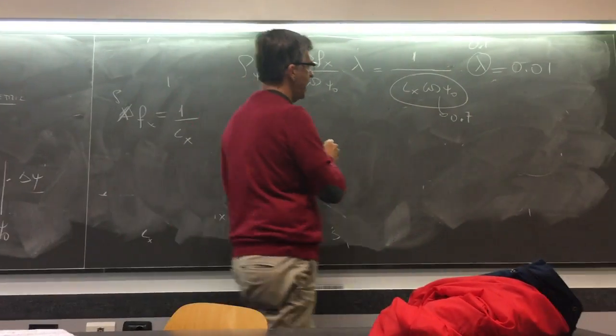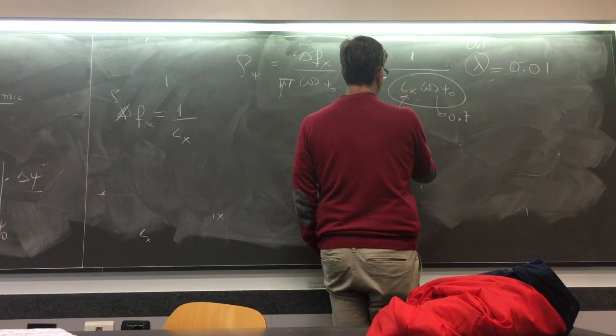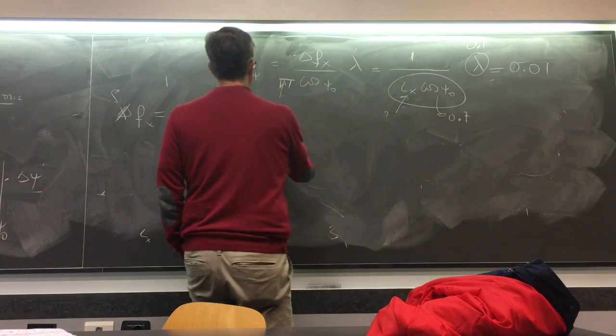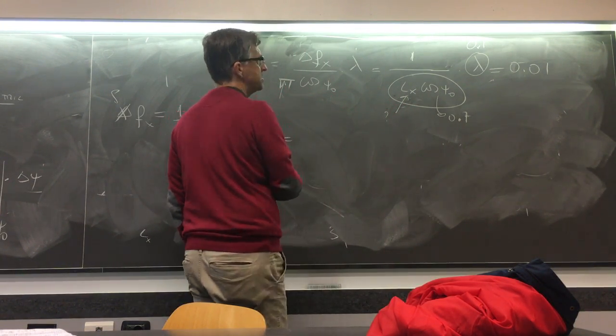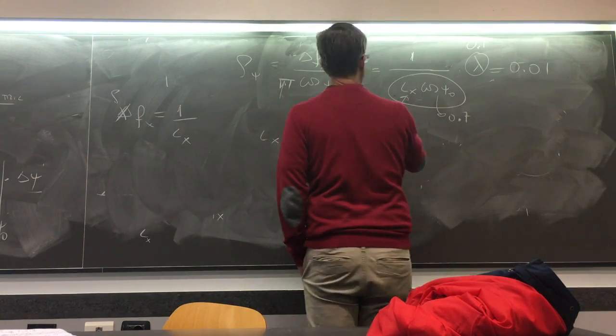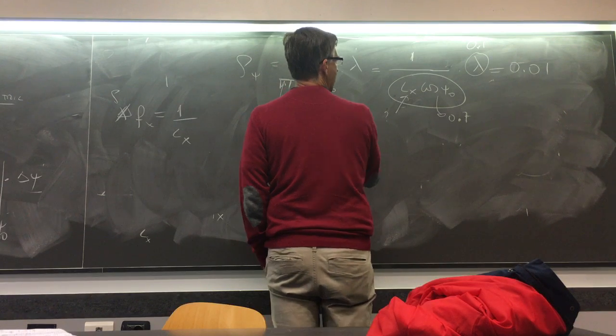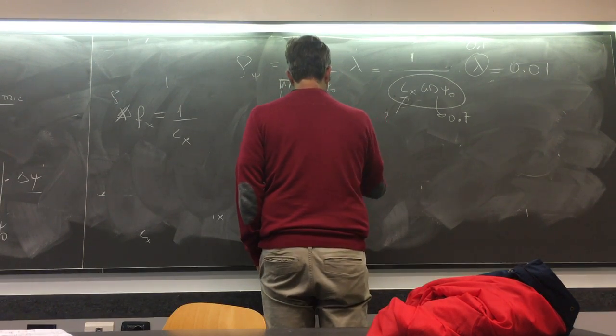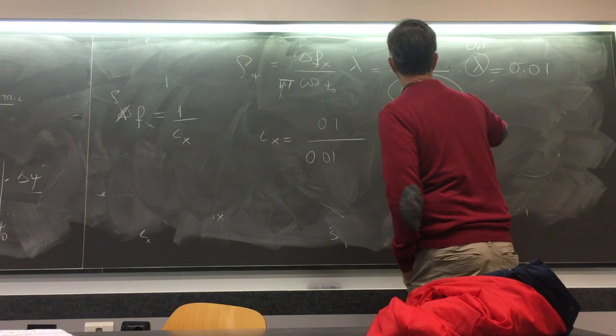So in this case, Lx is a number that you want to compute. So you find that Lx, you bring it here, so you bring 0.1 divided by 0.01, this you bring here.